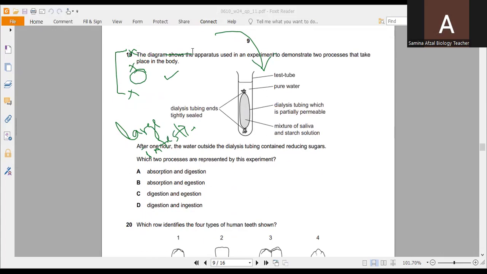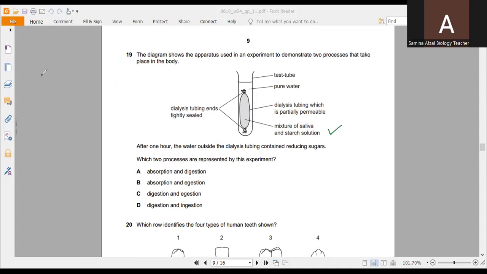Question number 19. The diagram shows the apparatus used in an experiment to demonstrate the process that takes place in the body. They have shown dialysis tubing with ends tightly sealed, which will act as a partially permeable membrane, and inside it the mixture of saliva and starch solution.